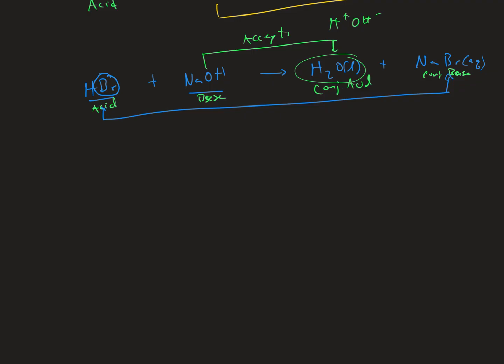So let's do K2CO3 in aqueous form plus HI in aqueous form. Is that okay that I don't write that? I have a hard time writing that very well. H2CO3 in aqueous form plus KI in aqueous form.